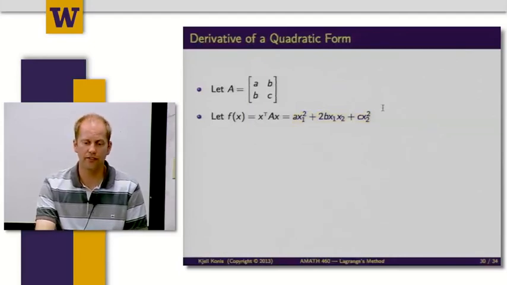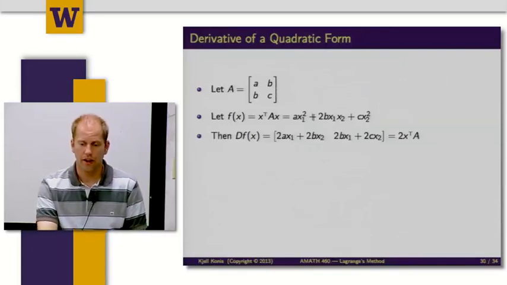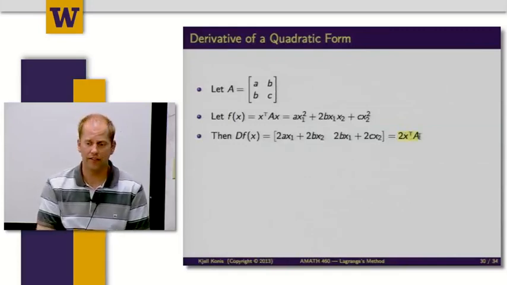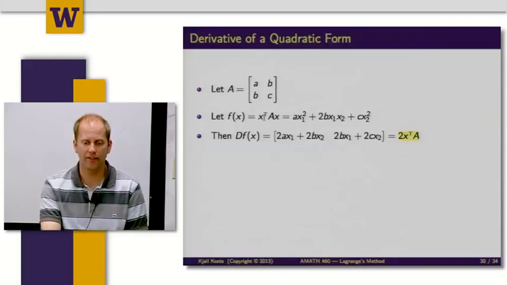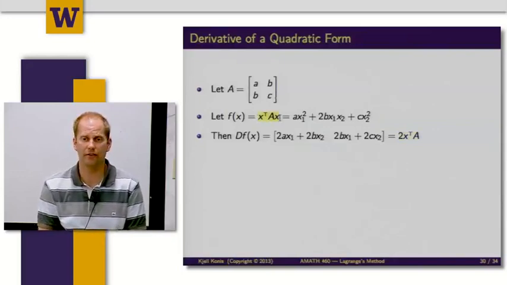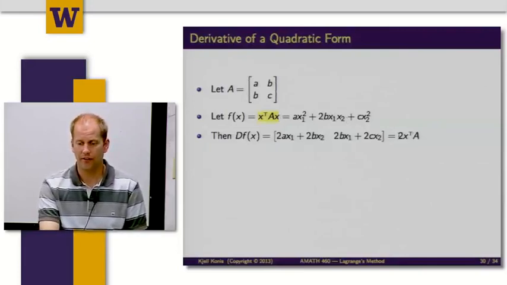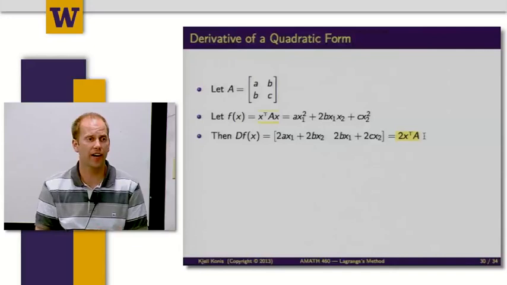If I take the partial derivatives of this, I end up getting 2 x transpose A. It makes sense because this x transpose Ax is the matrix equivalent of what a single variable function would have as ax squared. If I take the derivative of a function that's equal to ax squared, I get 2ax. And that's pretty much what I've got here, except I just have to respect the order of operations so that I get the right answer.